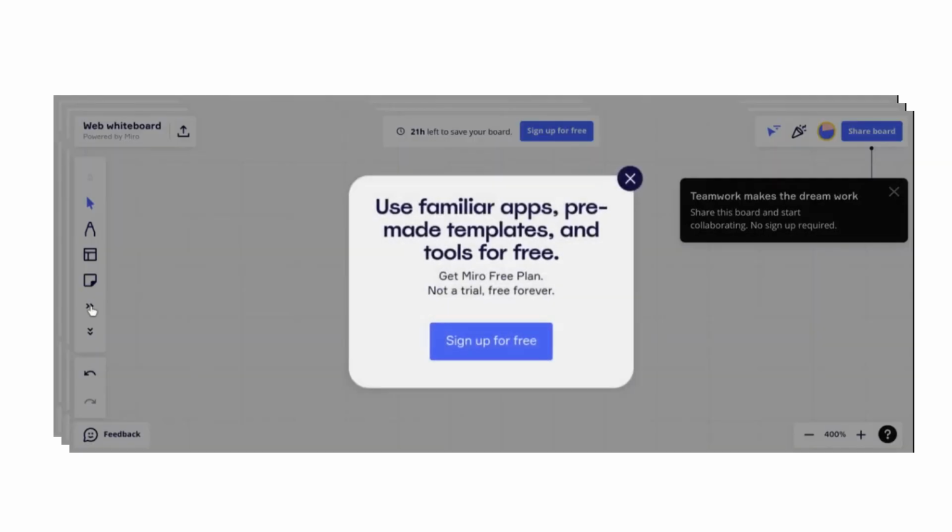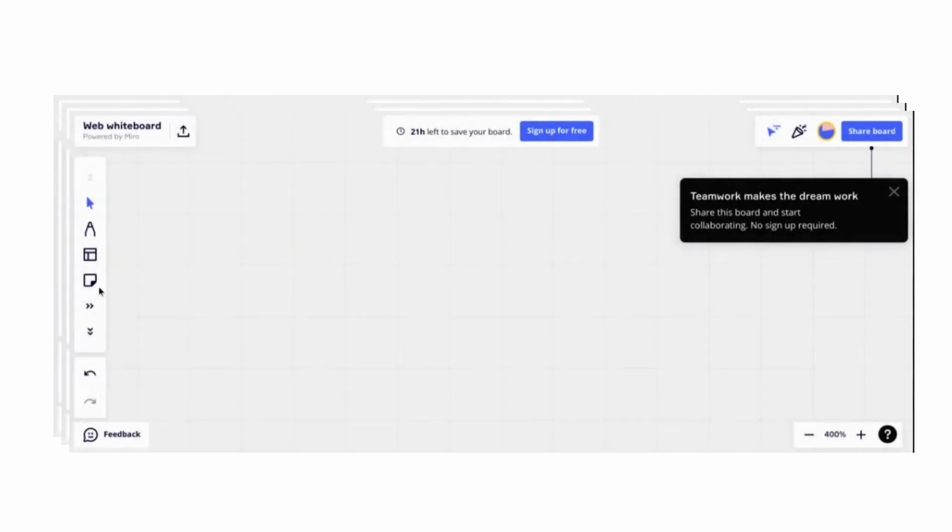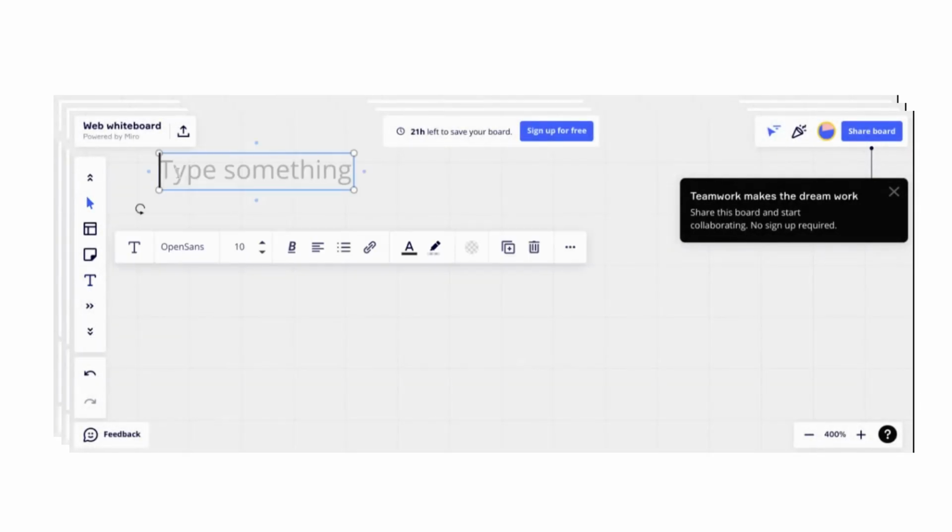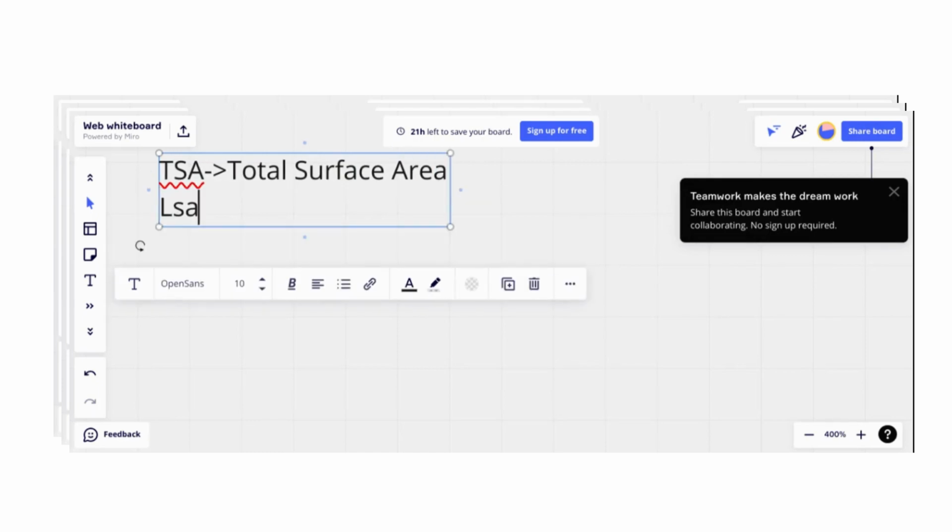TSA is nothing but the total surface area. And LSA is lateral surface area, which means it's going to exclude the top and bottom.